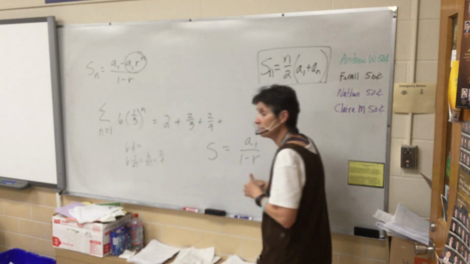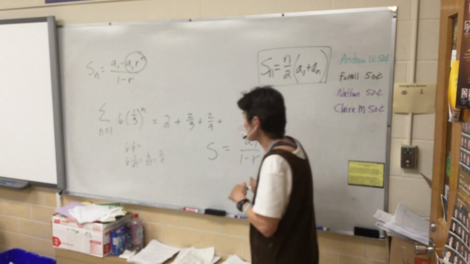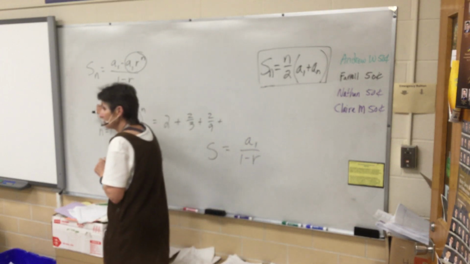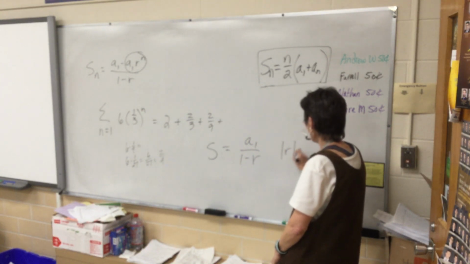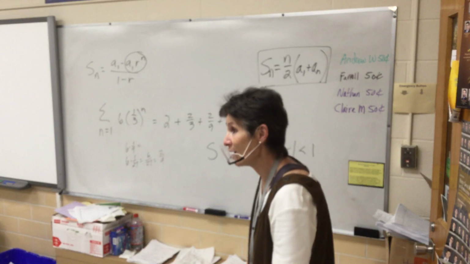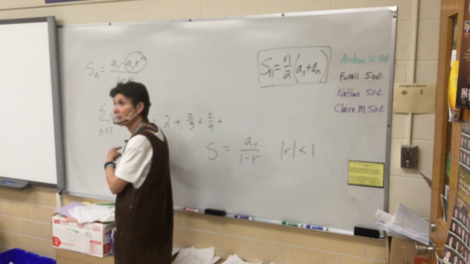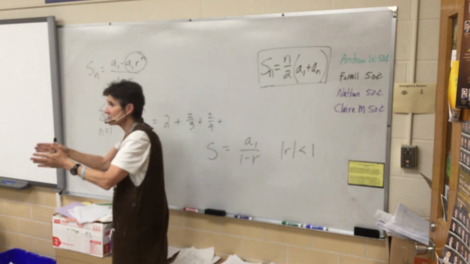This is the sum for an infinite geometric series. It has to be geometric, it's infinite, and whatever r is has to have an absolute value less than 1. Because what happens when we raise numbers bigger than 1 to powers? They explode. There's no way to sum it.